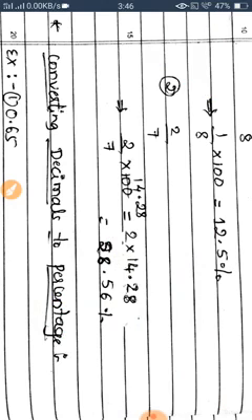Or you can directly divide 100 by 7, and after that you can multiply by 2.